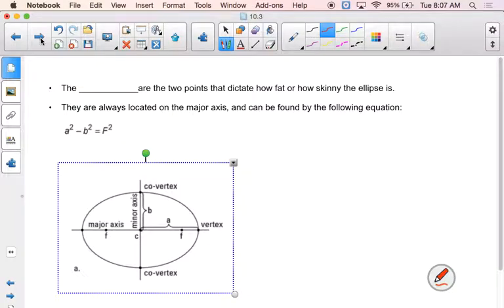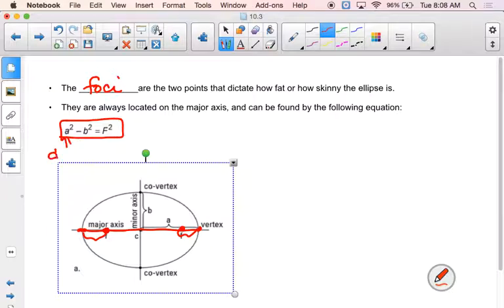Okay. And then your foci are the two points that dictate how fat or how skinny the ellipse is. They're always on the major axis. So like I have the major axis here, there's my vertices. The foci are the same distance on each side from the center, and depending on where your foci are, that's what makes it big or small. They're found by this equation: a squared minus b squared equals c squared, the foci distance squared.